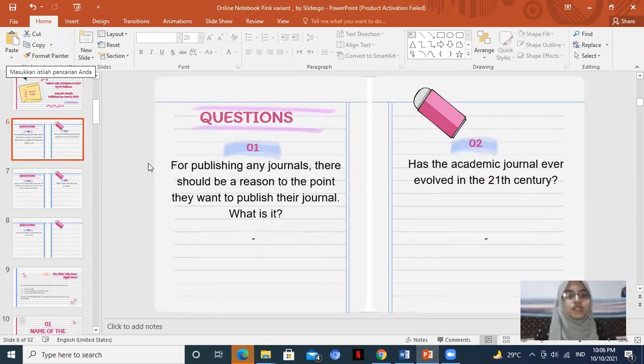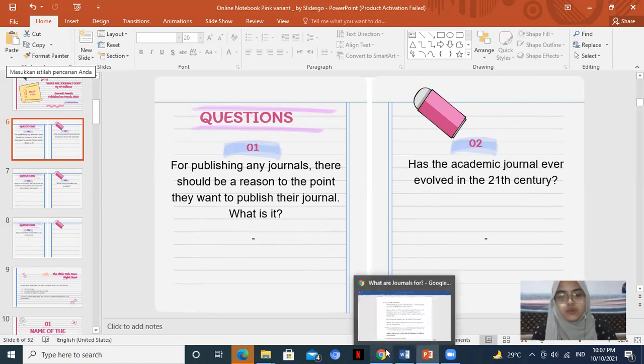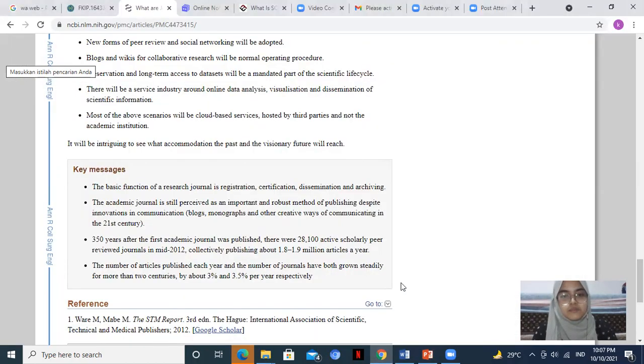First question is, for publishing any journals, there should be a reason for wanting to publish their journal. What is it? Okay, we look to the article.